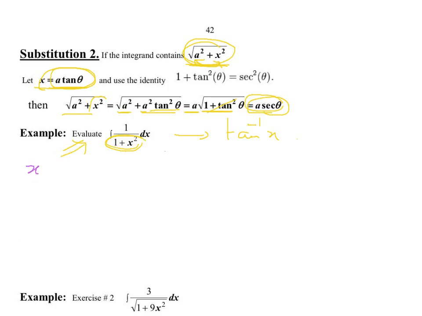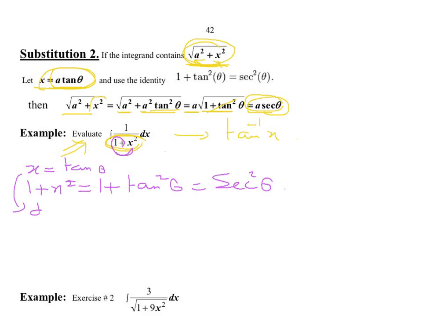Now, let us see. So we are going to take x equal a tan theta. Now a squared is 1, so a is 1, tan theta, because this looks like 1 plus tan squared. Then 1 plus x squared will be equal to 1 plus tan squared, because x is tan, which is equal to secant square theta. Dx, which we have to replace also, is equal to the derivative of tan, secant square theta d theta.